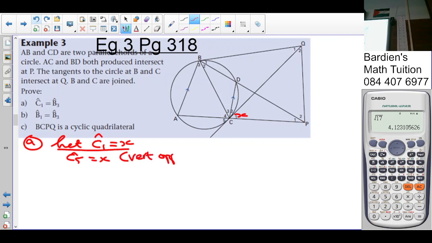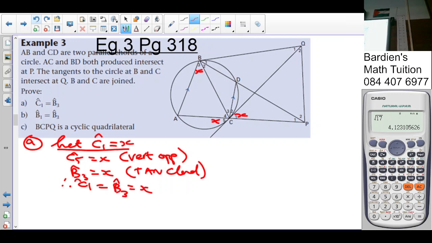Vertically opposite. Now what? C5 is equal to B3. Why? Tan chord. So therefore, C1 is equal to B3 is equal to X. There, we have done the job.